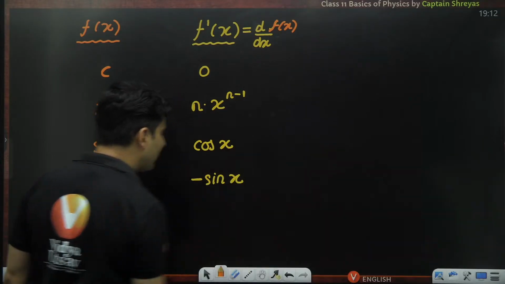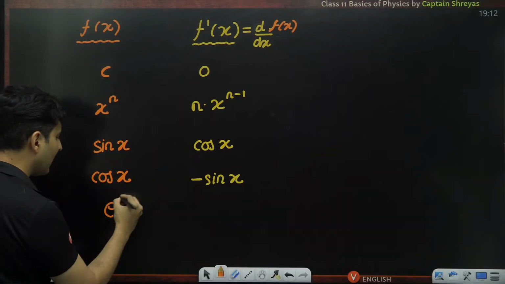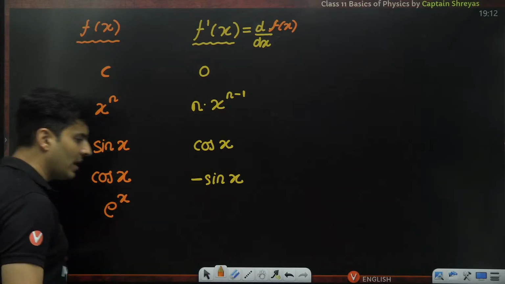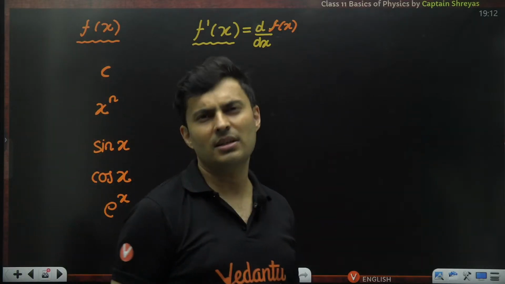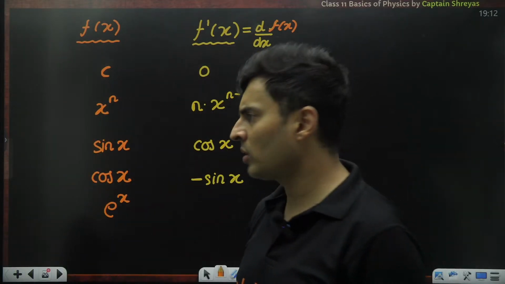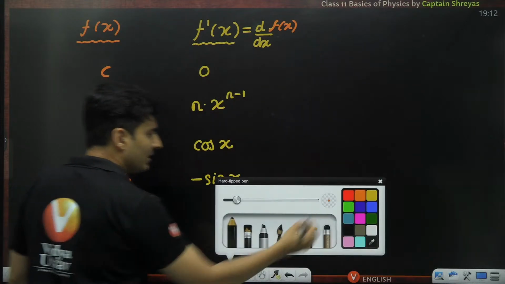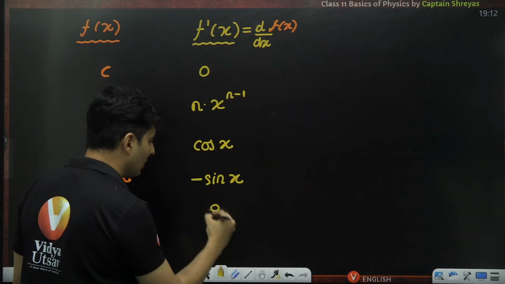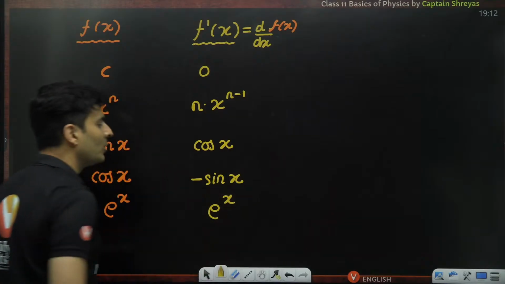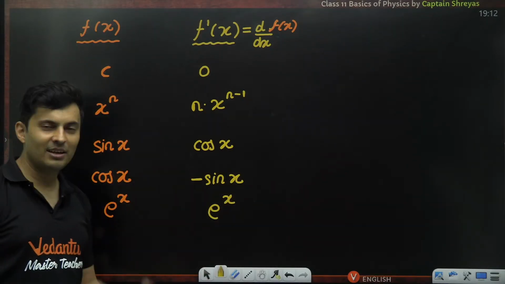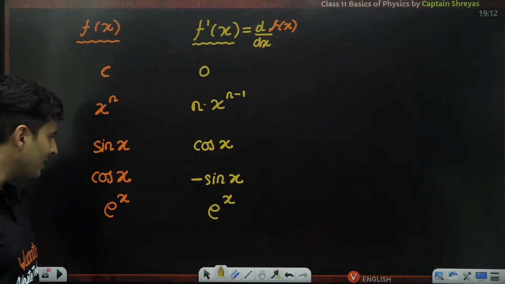There is one unique function which is called e raised to x. This is your exponent, Euler number, Euler constant, approx value 2.7. So the derivative of e raised to x is e raised to x only.